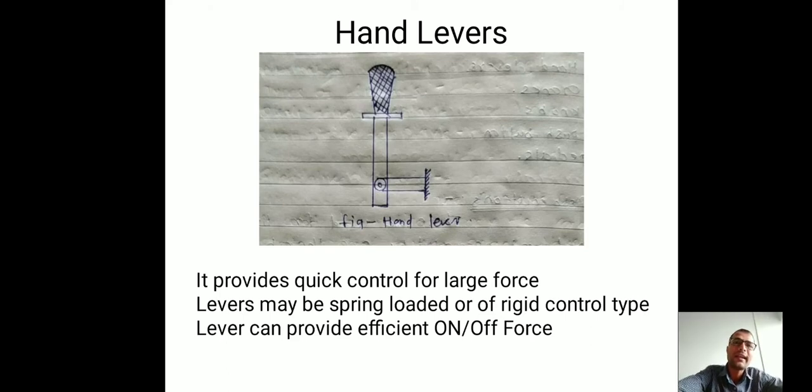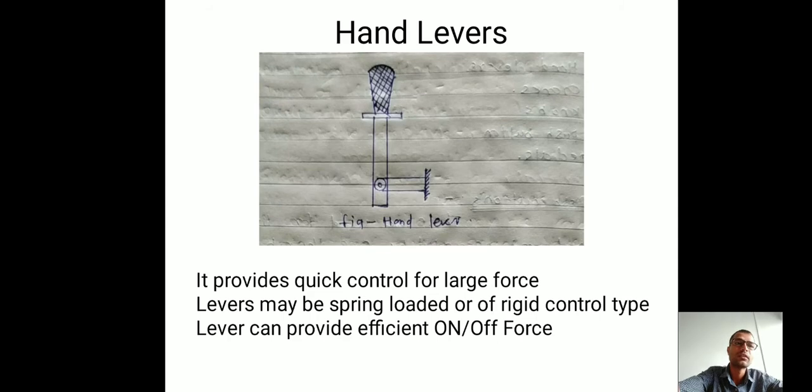Generally the hand lever is near the driver's seat, in front or in between the 2 seats, means between the driver's seat and the other front seat inside the four-wheeler. So clear, guys? Where is the location or position of hand lever?